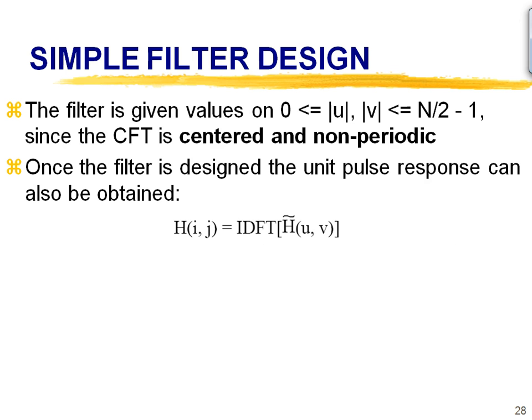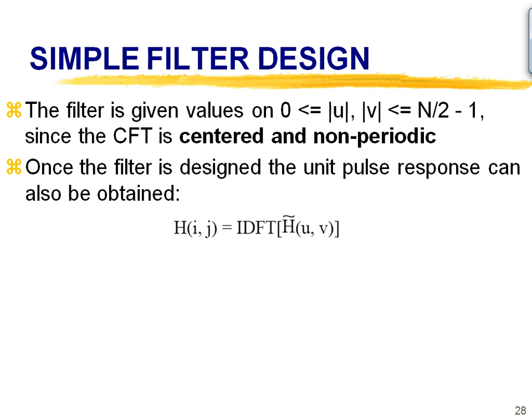So, again, as I said, if we do this, this would be a very simple filter design. If we come up with any specification where the filter takes a certain value within a range that we specify, a cutoff given by u and v, and it is centered, then of course we end up with an isotropic filter because we know what these frequencies mean for us.